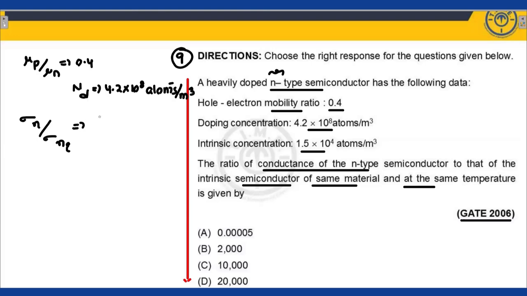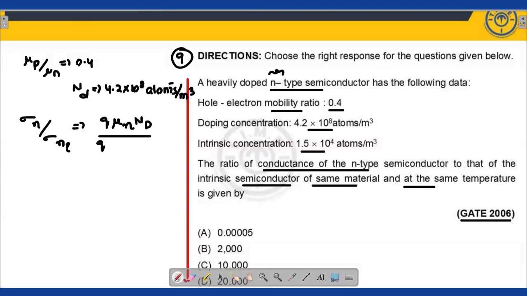There you are going to get this, which is equal to Q into mu n into ND divided by Q into Ni into mu n plus mu p. I am not deriving the formulas over here. Already I told you this formula.